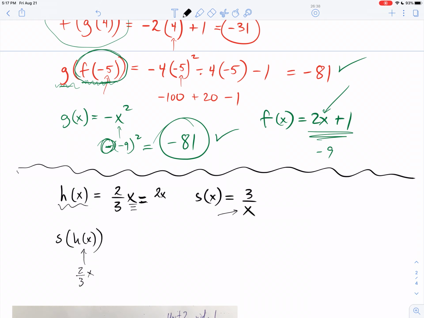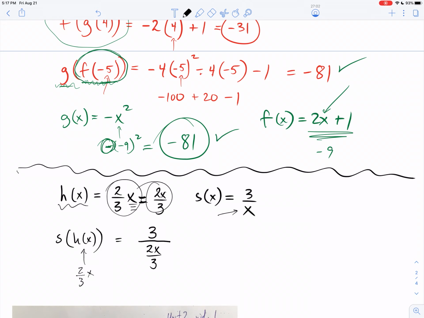It's the same as this. So let's begin. If I take h and plug it into s, s does this. It'll say 3 divided by, and then I would have this.